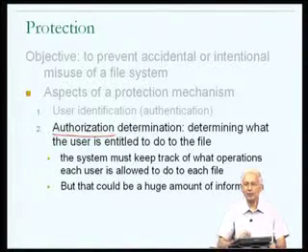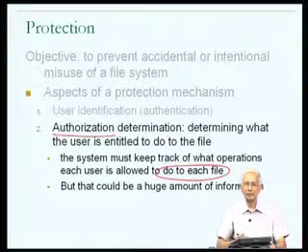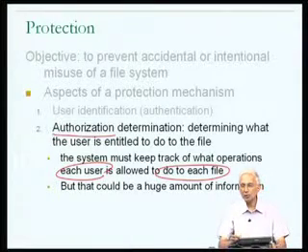And therefore, the amount of information that would have to be stored in connection with authorization determination could be substantial. Remember that authorization information would have to be stored for each user, but also for each file. And there could be thousands, millions of files on a computer system.